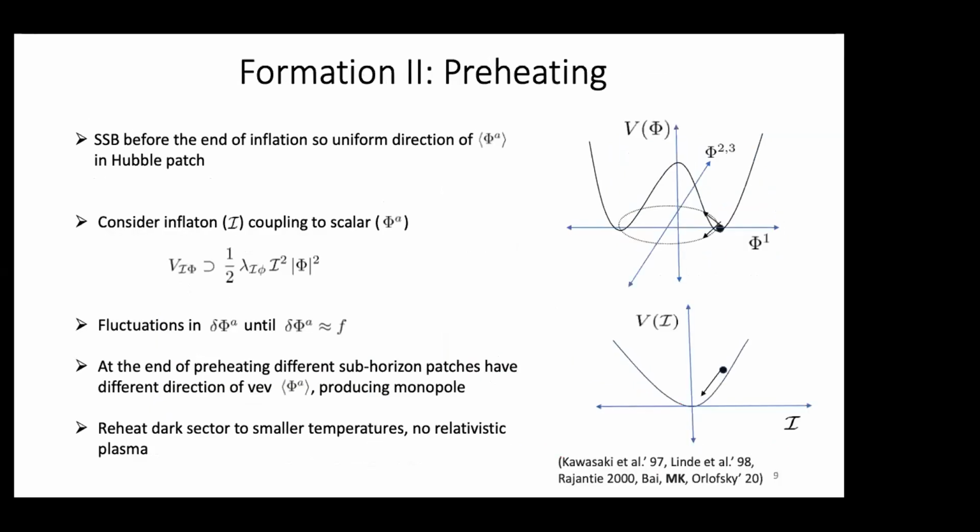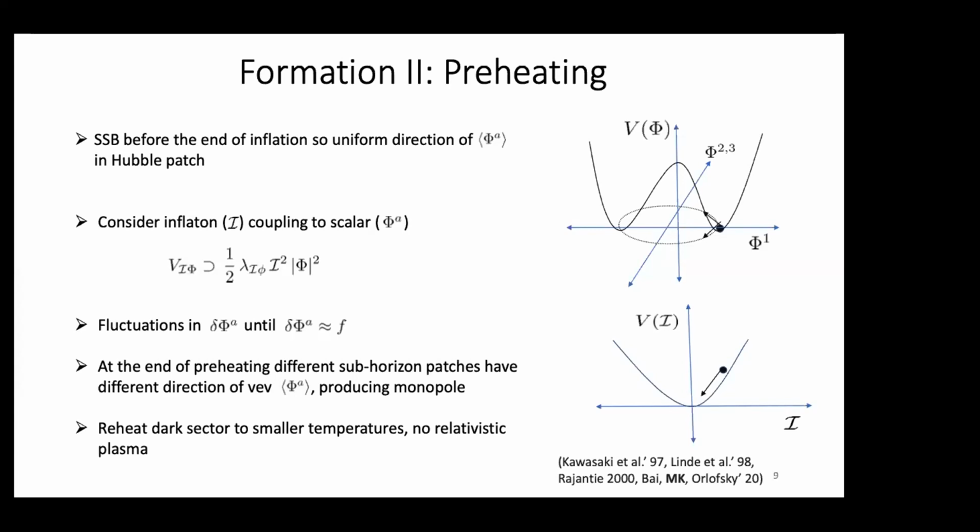And here comes the preheating mechanism. The idea of the preheating mechanism is just like a phase transition, but here you have control. In the thermal phase transition, you form monopoles at some symmetry breaking scale, and then they annihilate. But here, since this is a non-thermal phase transition, you can form the monopoles and freeze out the abundance itself.